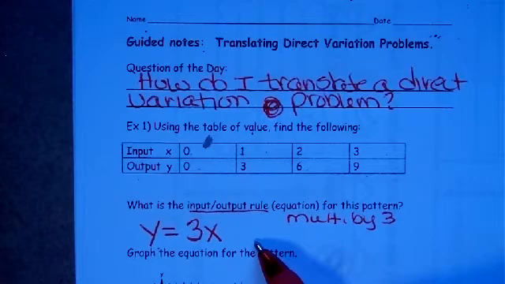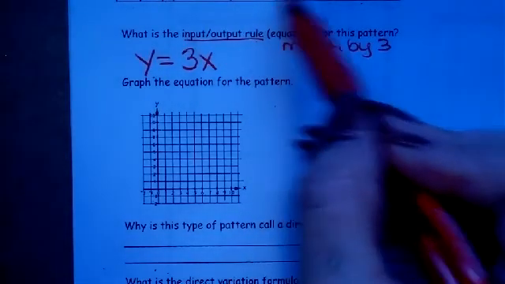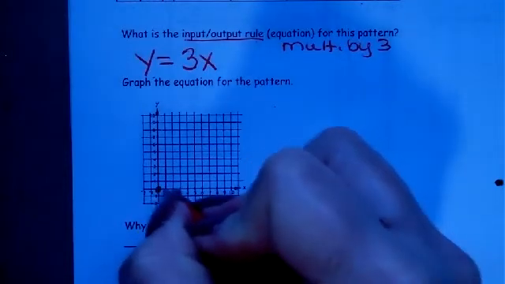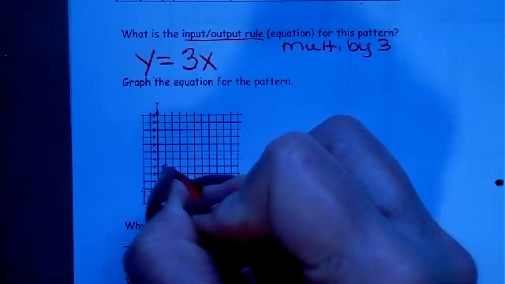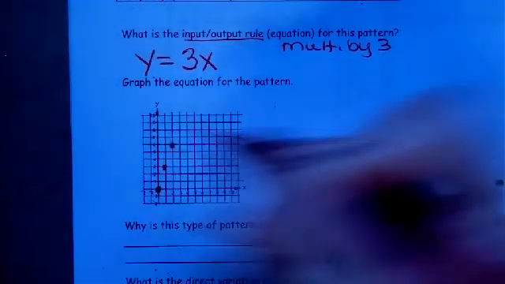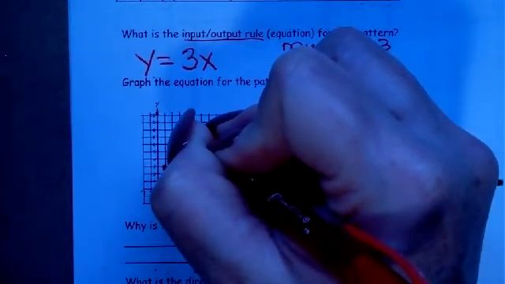The next thing I want to do is translate this table of values into its matching graph. Okay, so I'm going to have a little piece of graph paper right here. And all I'm going to do is graph these four points. So let's see, (0, 0), (1, 3), (2, 6), (3, 9), right here.